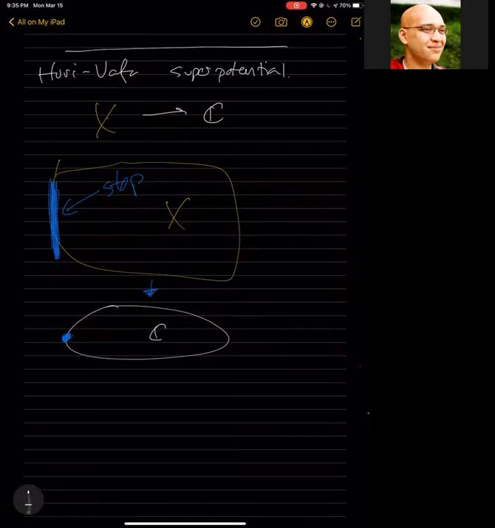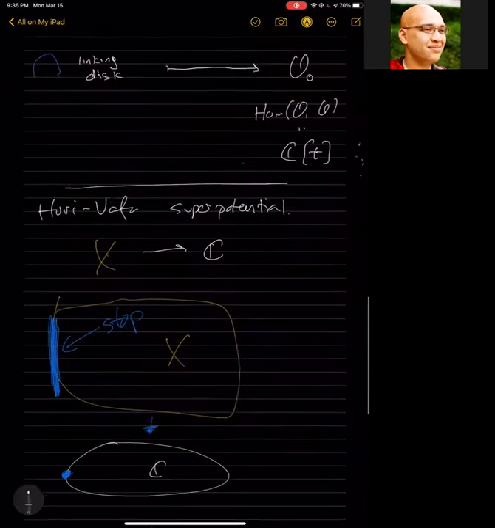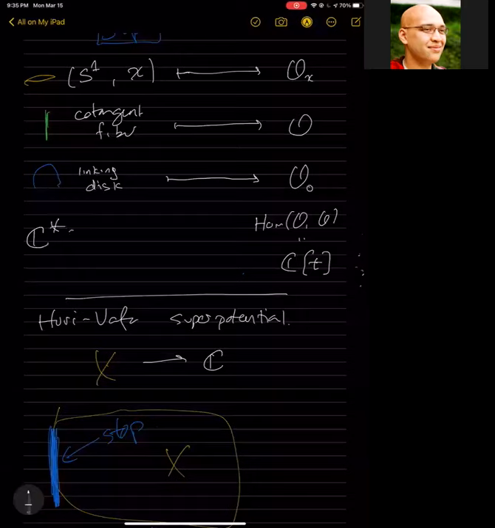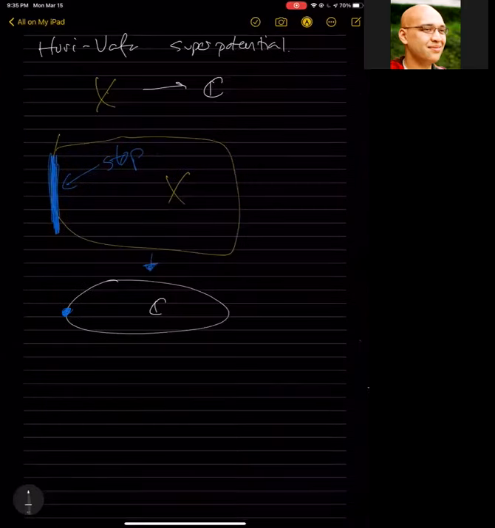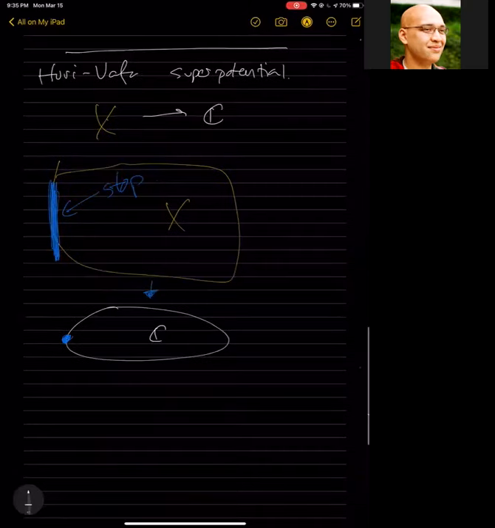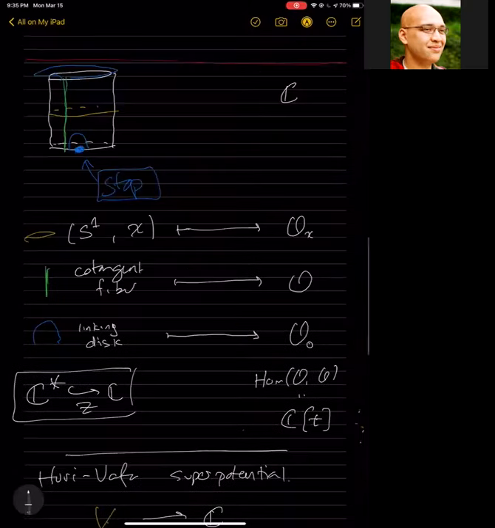You take just the inclusion of C star into C. That's the superpotential, just the function Z. Then the preimage of a point at infinity gives you one point at the boundary of C star, which is the picture drawn here. That's this business about superpotentials.